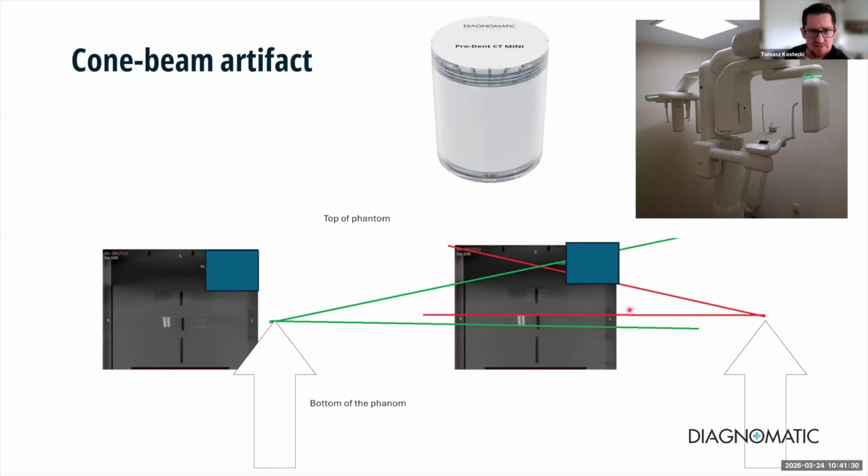It was a CT, so the X-ray tube traveled from one side to another, and this made the rooftop artifact. You have to know your tools and your Diagnomatic equipment. So it's very important that you know that.